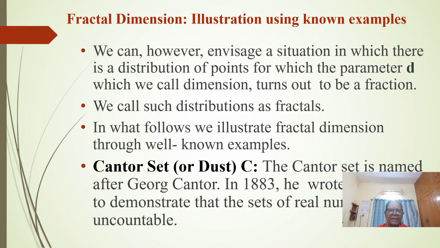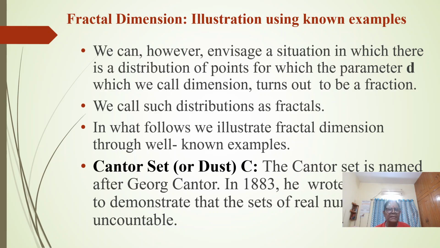We can, however, envisage a situation in which there is a distribution of points for which the parameter d, which we call dimension, turns out to be a fraction. We call such distributions of points fractals. In what follows, we will illustrate fractional dimension through well-known examples.